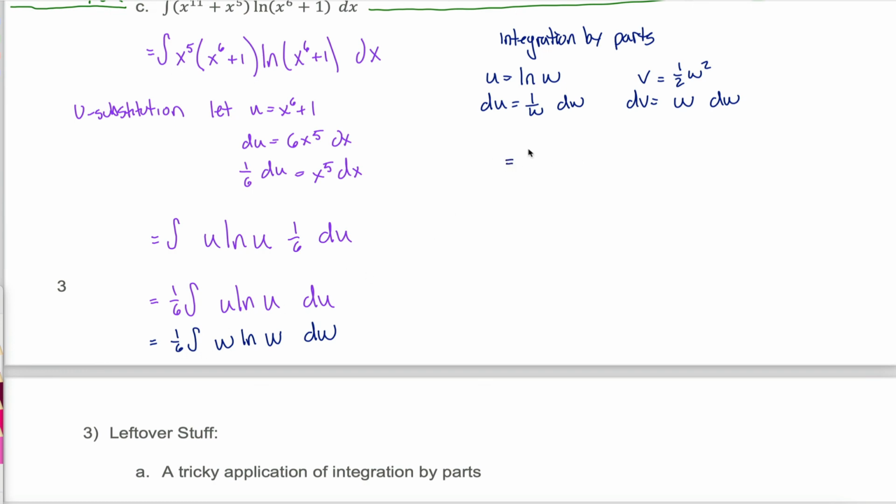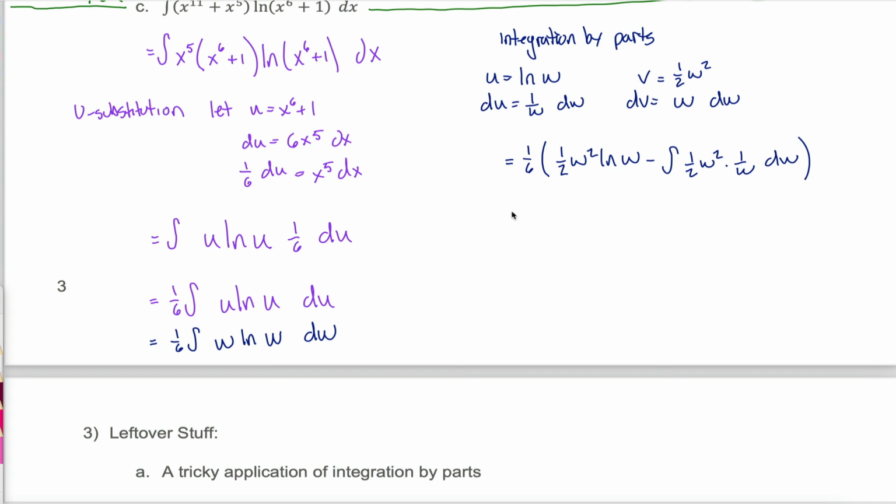I still have this 1/6 out in front, and then I got the integral of u dv is equal to u times v, which I'll write as 1/2 w squared natural log of w, minus the integral of v du, 1/2 w squared times 1 over w dw.